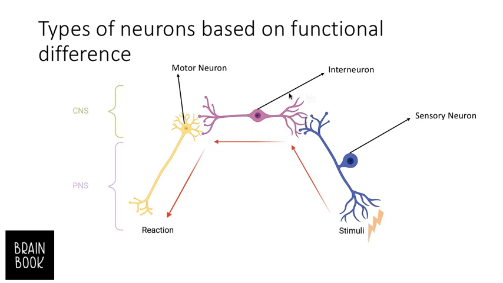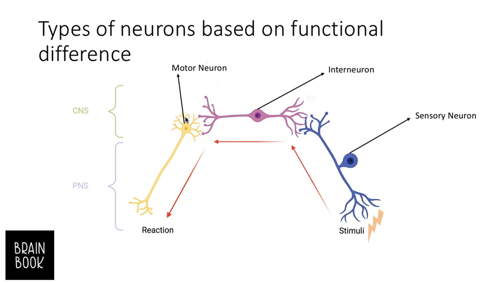The processing in the central nervous system is more complicated, but I demonstrate it in the schematic to be easier to understand. When the impulses are processed in the central nervous system, then the interneuron will transmit the impulses to another neuron, which is the motor neuron, and conduct the impulse.